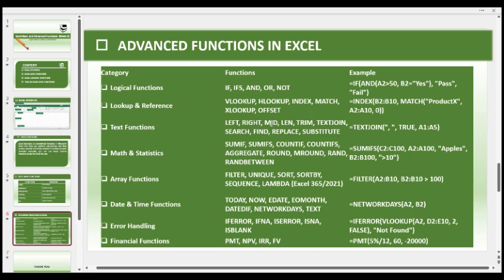We have text functions where we have your mid, your trim, your joining, replace, substitute. We have math and statistical functions where you have your sum if, sum ifs, depending on your task and on how you can maneuver your way in the function.